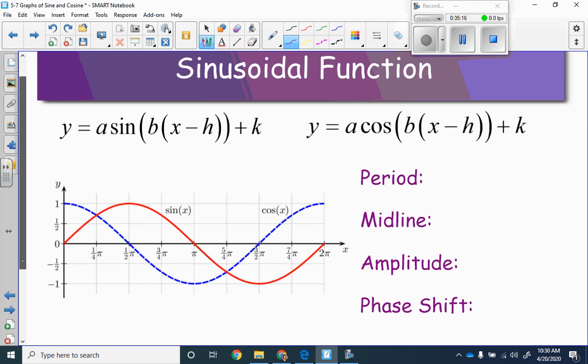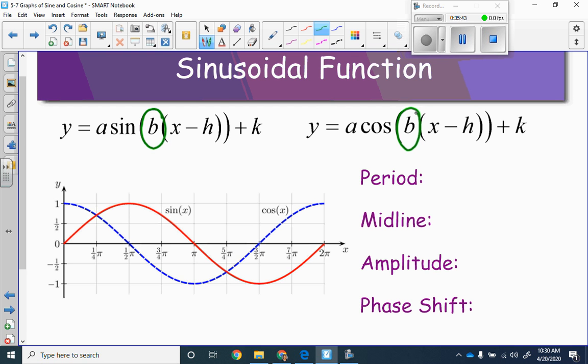So here are our graphs of sine and cosine, and we know that both of these functions have a period of 2 pi. Well, the value of b in both of them is going to tell us whether that 2 pi is going to be bigger or smaller. And remember that based off of b, it's the opposite of what we see.